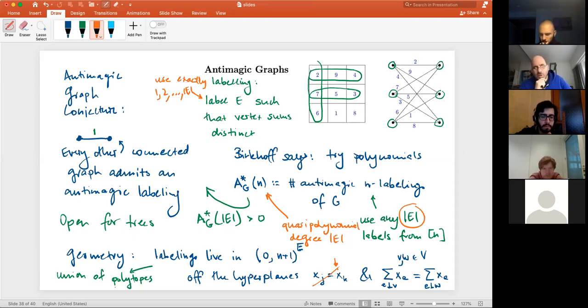Maybe we shouldn't go into the unit cube. Maybe I shouldn't live here, but I should live in one of the regions defined by the braid arrangement. This is sort of a natural idea, I hope.